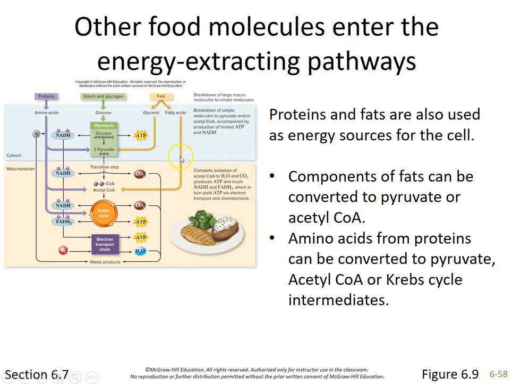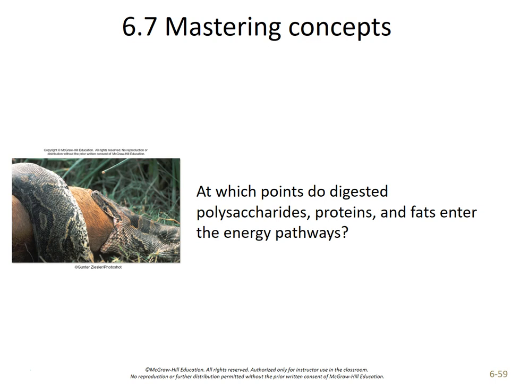So you can see they can jump in after glycolysis in the case of proteins and fatty acids, or glycerol, glucose, and some amino acids can jump in at the end of glycolysis, depending on what they convert down to. Okay, so you need to be able to look at that chart and identify where those different foodstuffs are entering the energy pathways.